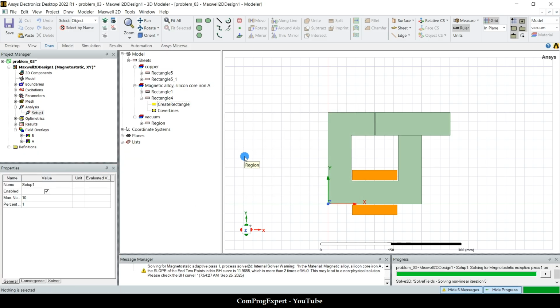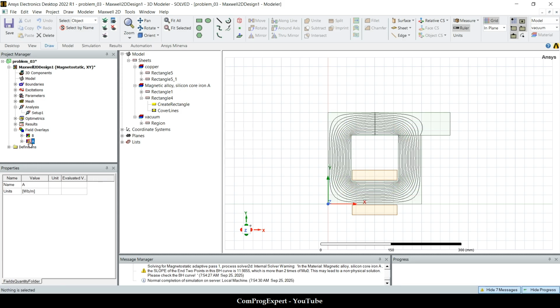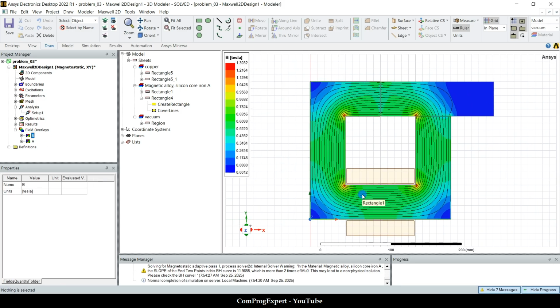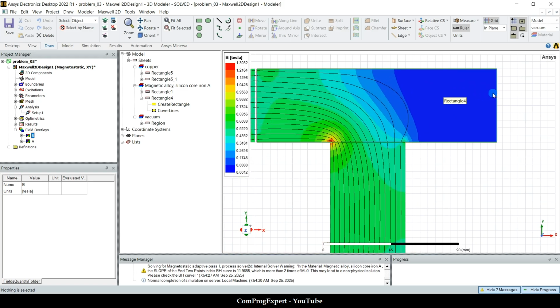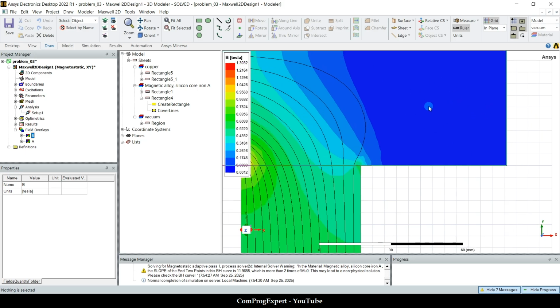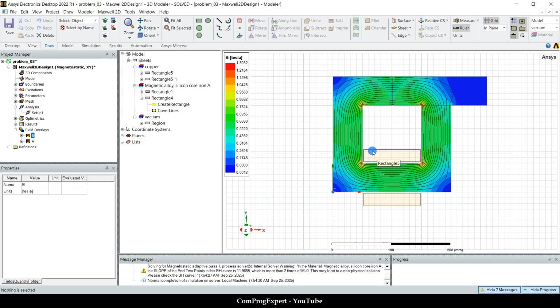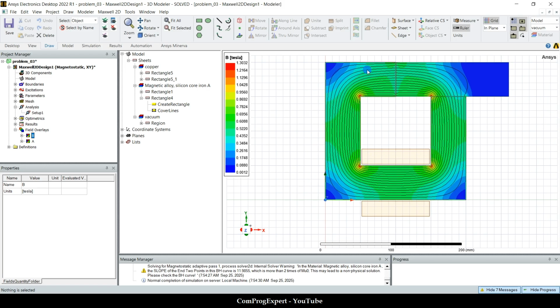As you can see here, however we have this volume for the core, only this part of the stationary and the moving core is active. This is not active. We don't have flux lines in it. So when we calculate the stored energy in the core, we should only consider the active part.